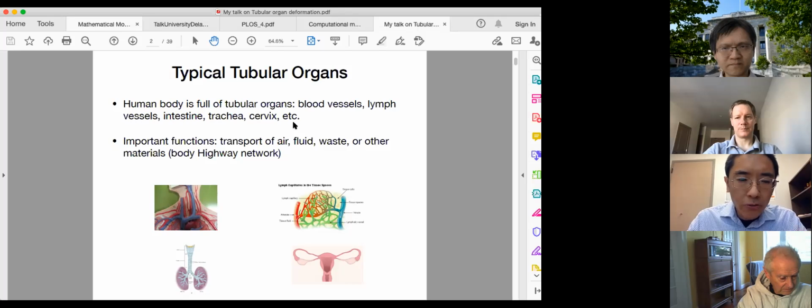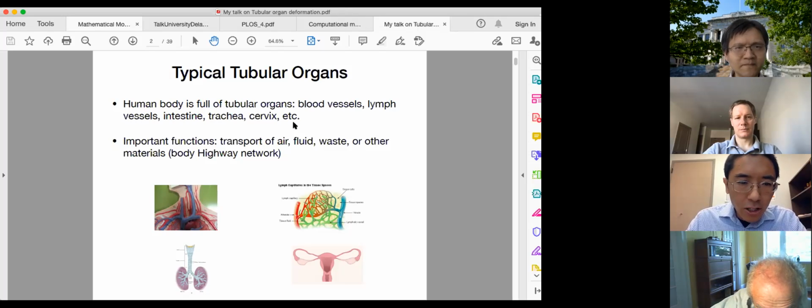Also, the organs usually have multiple layers: one layer, 2 layers, 3 layers. Each layer is different in stiffness and properties. And there are fiber families in some layers, and the fibers are oriented in some directions, sometimes vertical, sometimes in the circumferential direction, just around like that.